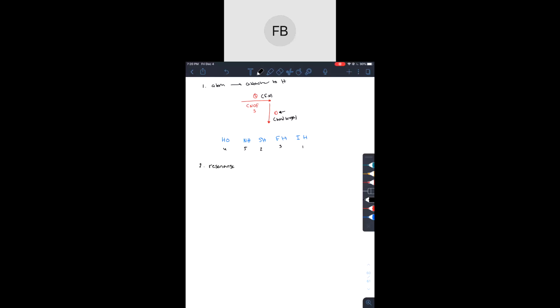Something like this has potential for resonance back and forth between those two oxygens. If we examine this closely, once we let go of that OH, that becomes O minus. So then lone pairs from here can go down, and that would bring it up. That's potential for resonance. So that's probably your most common example of resonance.